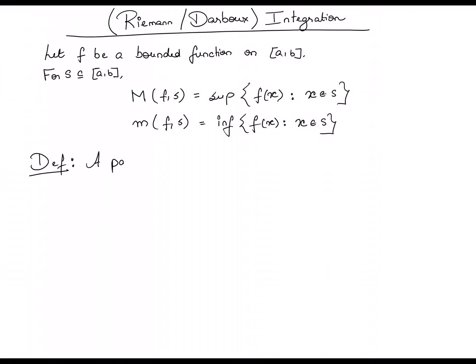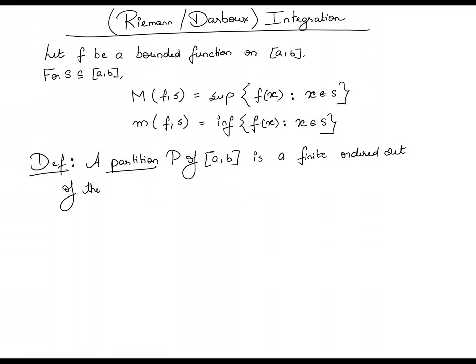So a partition, say P of AB, is basically a finite ordered set of the form T0, which is A, which is less than T1, which is less than T2, all the way up to something being less than Tn, which is the same as B, right?